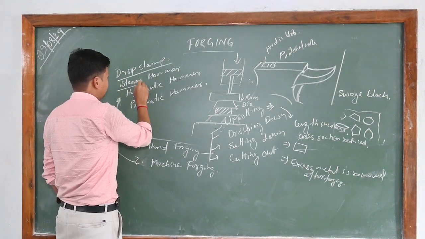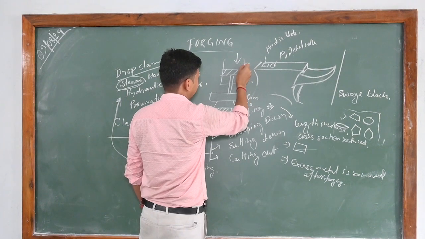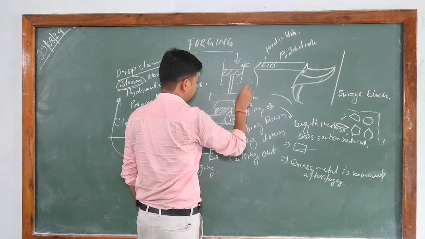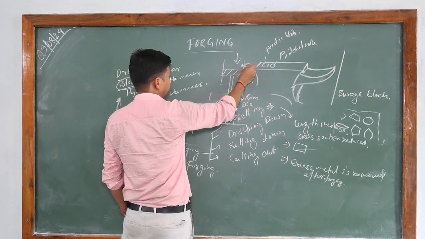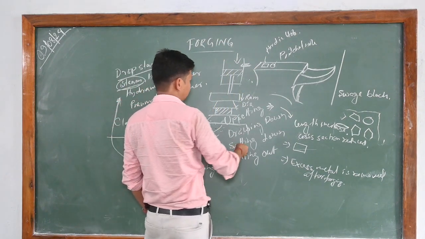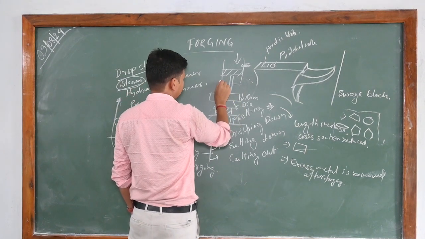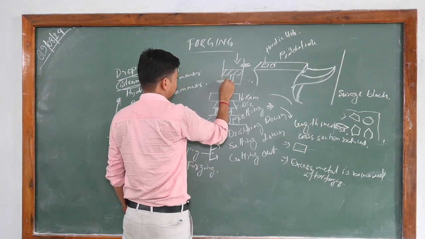In steam hammer we use steam. When the die or ram moves downward, we enter the steam in that way. When we move the upper die upwards, then we enter the steam in that way.